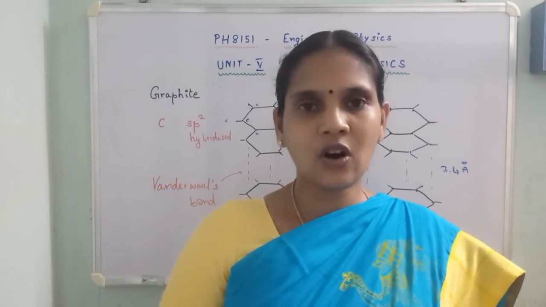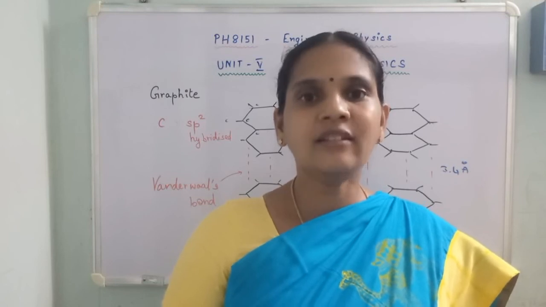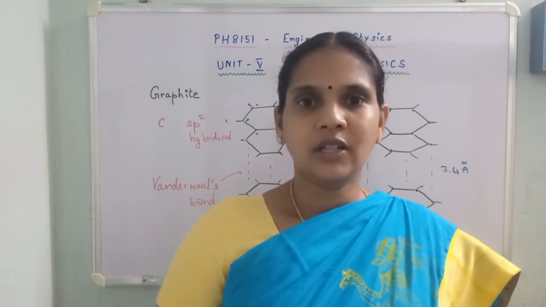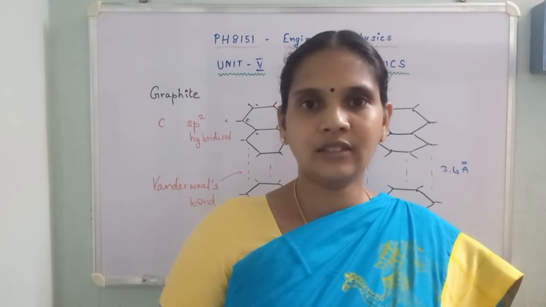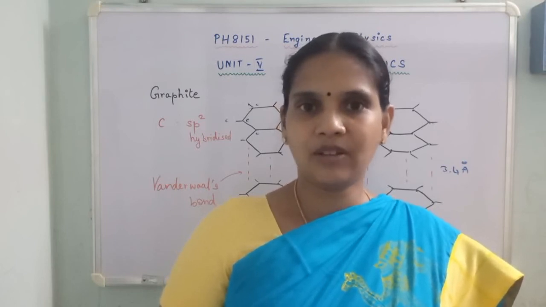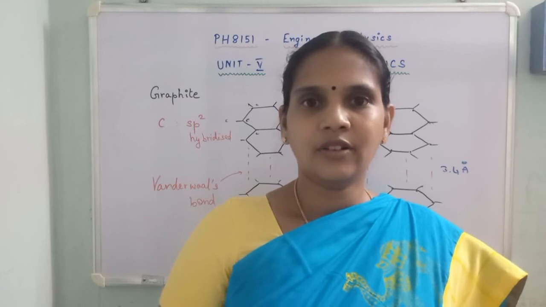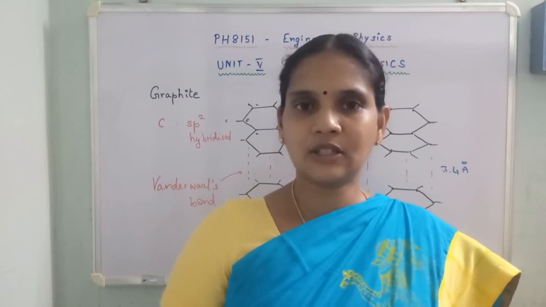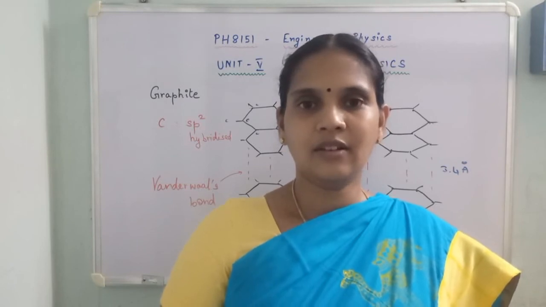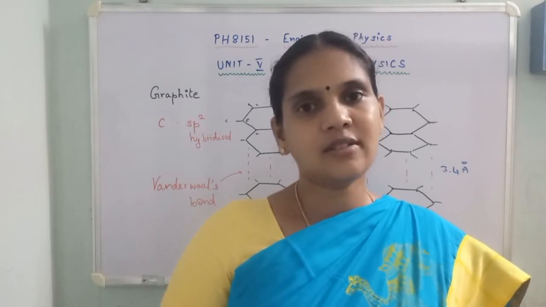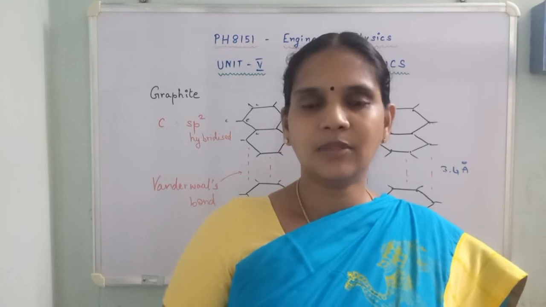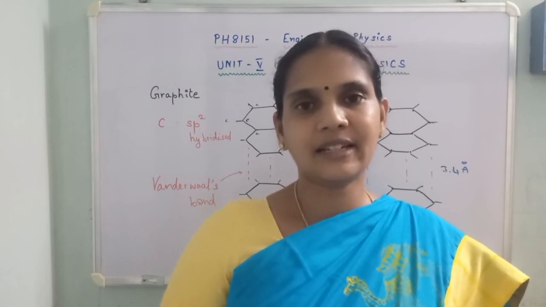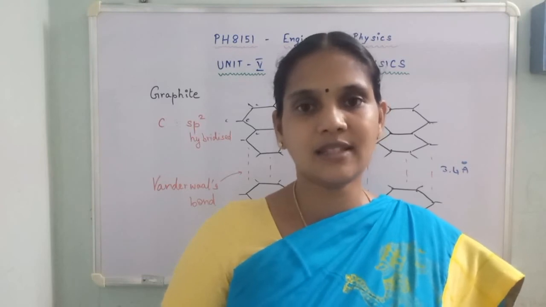Let us recall whatever has been done in today's lecture. We started off with the properties of diamond. The physical properties are endowed by the unique structure of diamond. Diamond is a very good thermal conductor, a very poor electrical conductor, or in other words, it's an insulator.